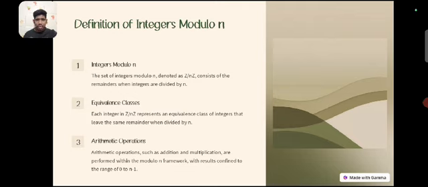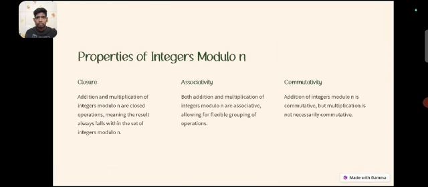Each integer in Z/nZ represents an equivalence class of integers that leave the same remainder when divided by n. Third, arithmetic operations. Arithmetic operations such as addition and multiplication are performed within the modulo n framework with results confined to the range of 0 to n minus 1.